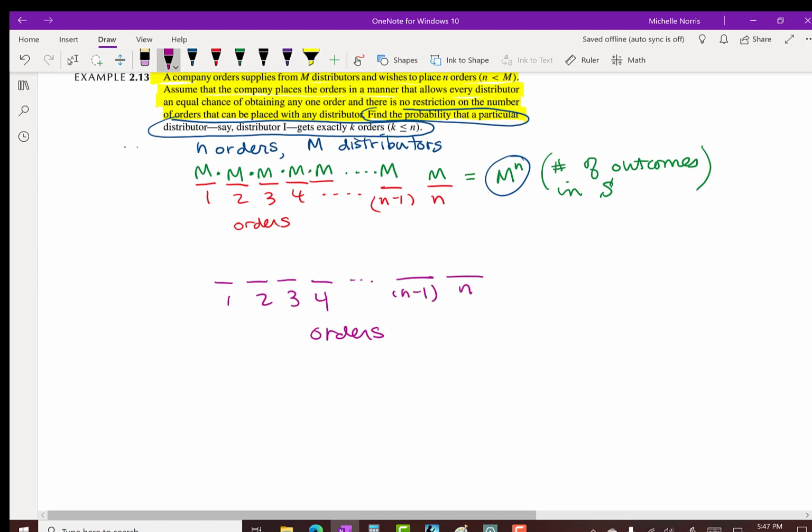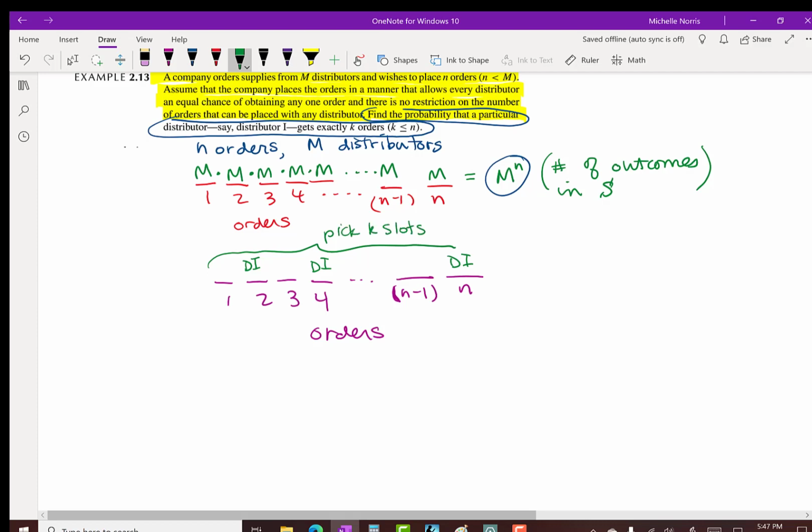In order to figure out how many ways distributor 1 can get exactly K of these, we can first figure out which group of K orders out of N to give to distributor 1. That could happen in lots of different ways. You might say distributor 1 gets this one, and this one, and this one. But the idea is you're going to be picking K of these slots.